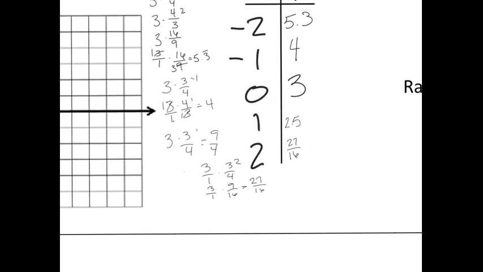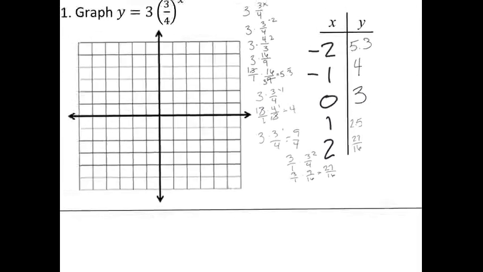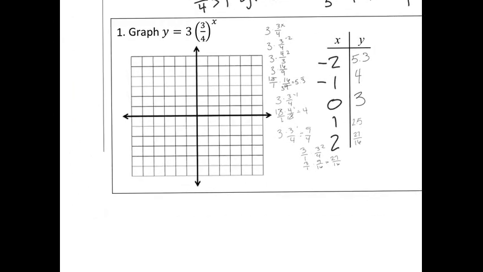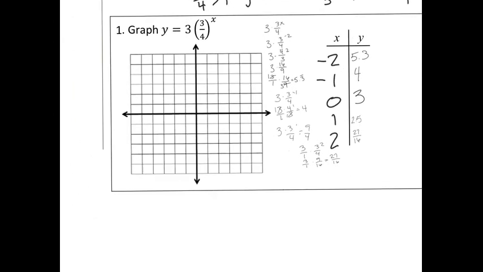Okay, so we actually have 3 really good points here. So you can graph at -1, 4. Whoops, I guess it would help if I actually had the pen selected. Okay, 0, 3, and then 1, 2.25. Okay, so as you can see, it's starting to curve and move down towards the asymptote.